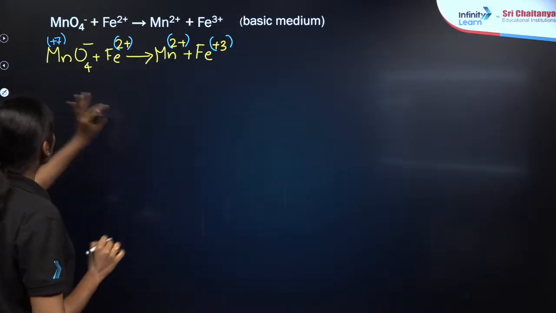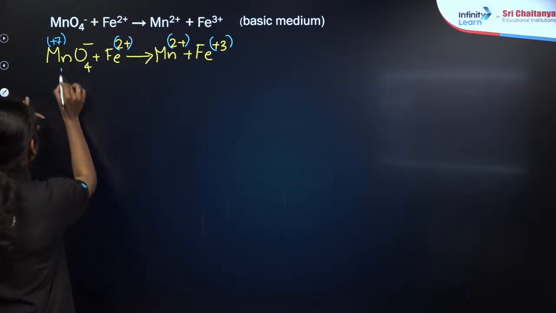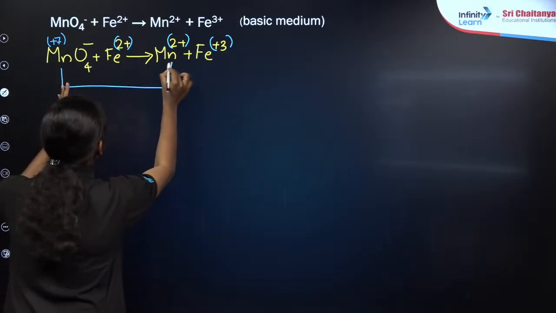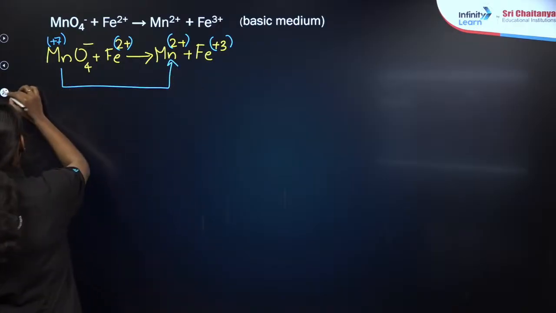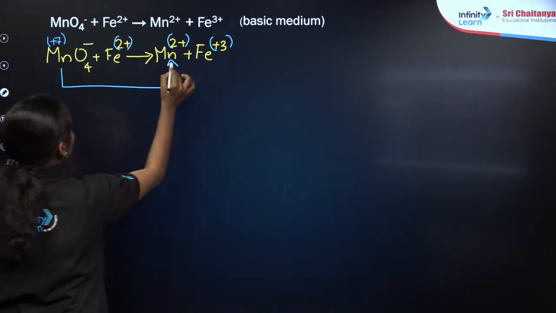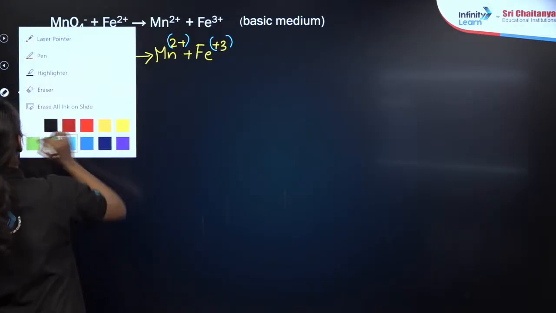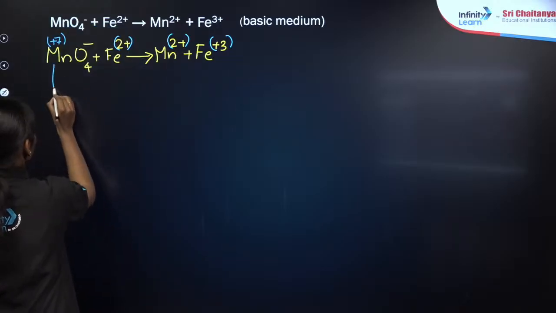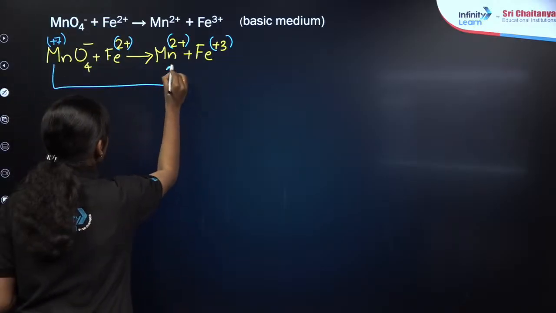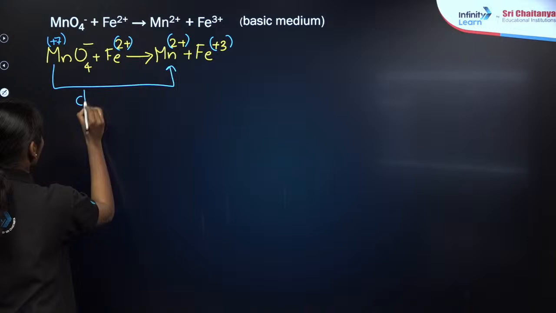These are the oxidation numbers. As you can see, Mn is changing its oxidation number from plus 7 to plus 2, which means change by 5.